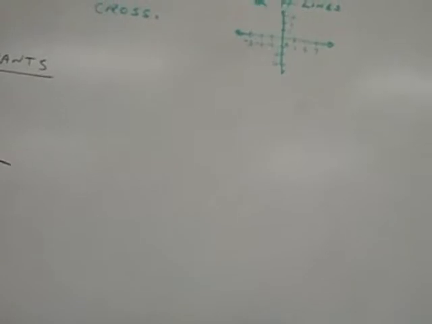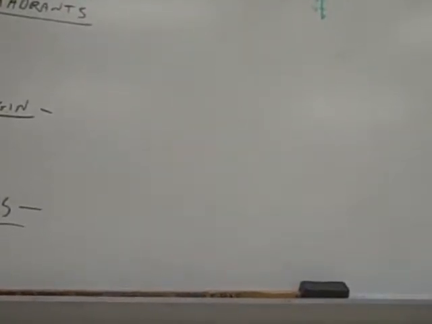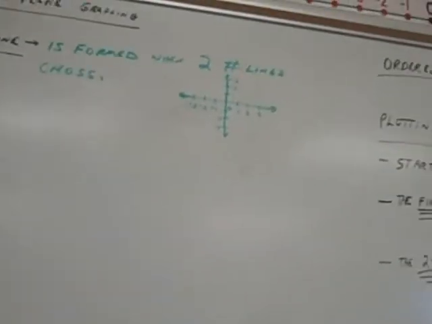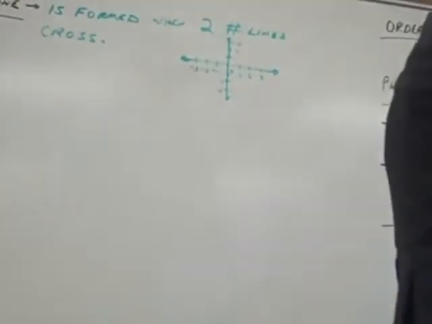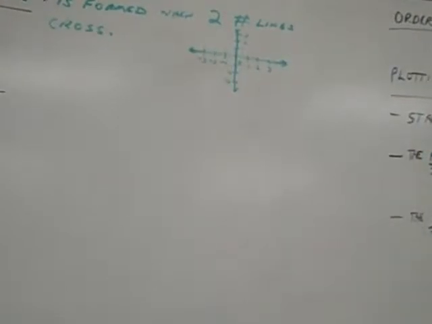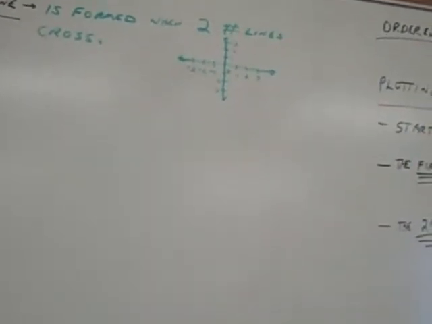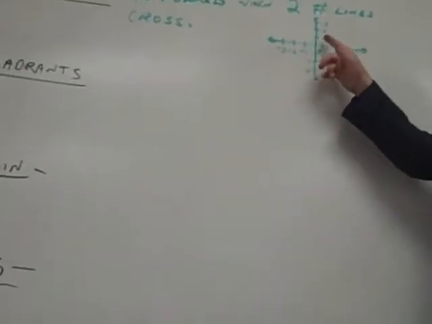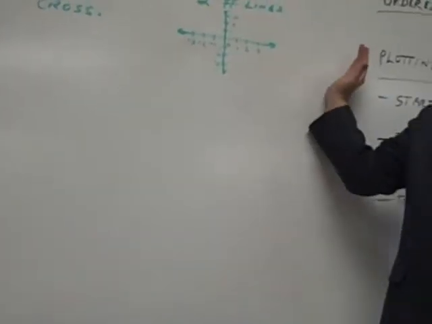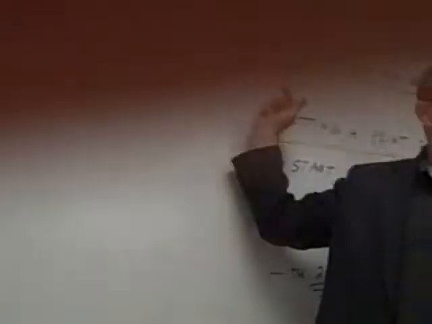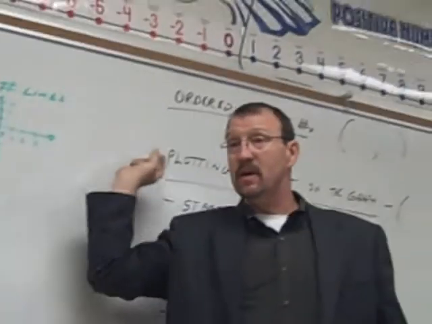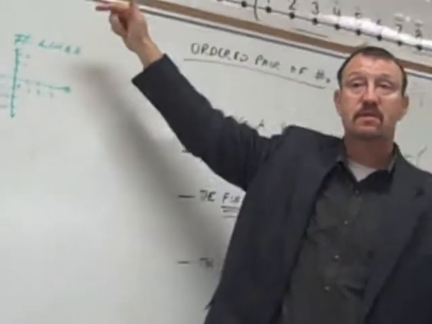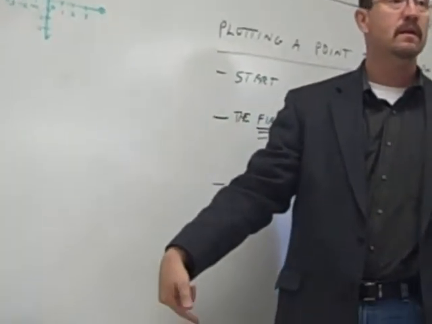The vertical number line is like a thermometer, isn't it? Above 0 is positive, below 0 is negative. So we have positives going up, positives going to the right. We have negatives going to the left and negatives going down. That's very important that we know that.